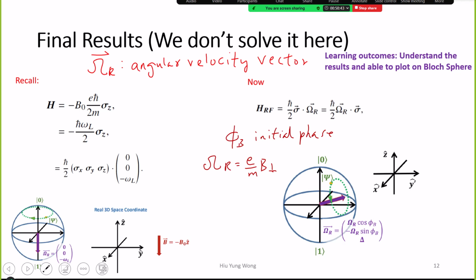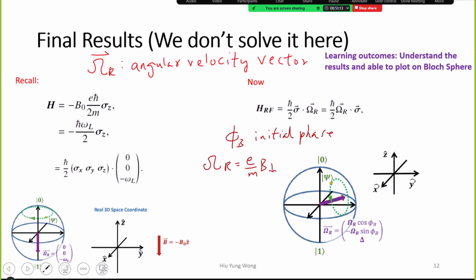Because we're talking about magnetic field, but later on with superconducting qubit or spin qubit, you try to control using current. This phase is going to determine the direction of this vector. If it's pointing down, then your qubit will precess here. If it's pointing in this direction, it will precess about this vector. Right? And what is delta? Do you remember? What's the name for delta?